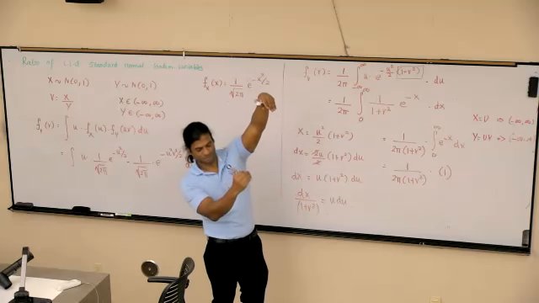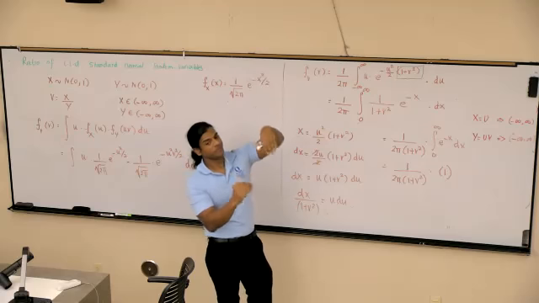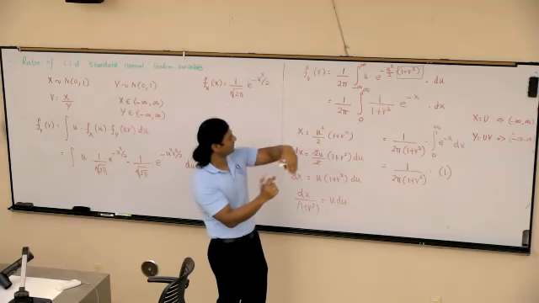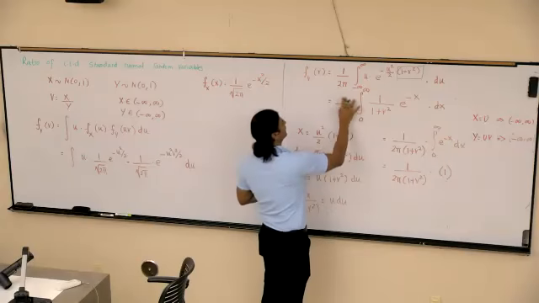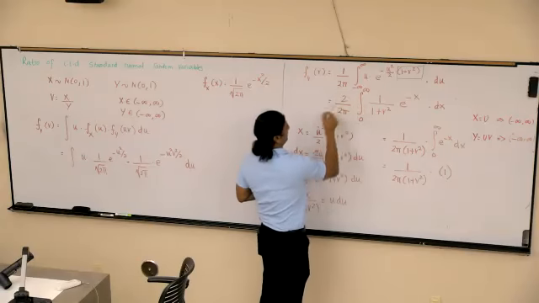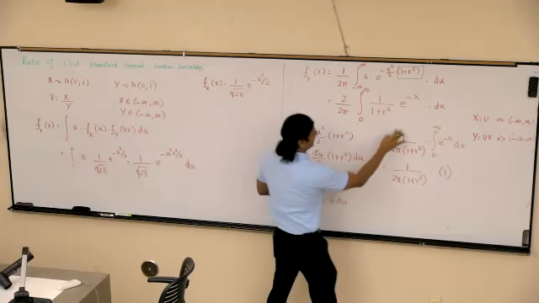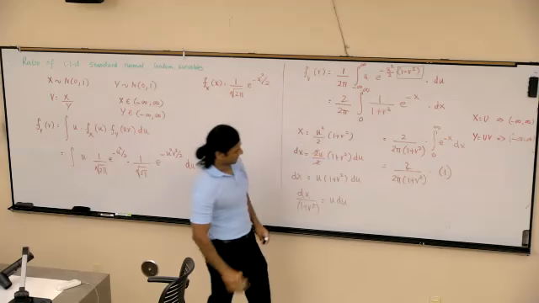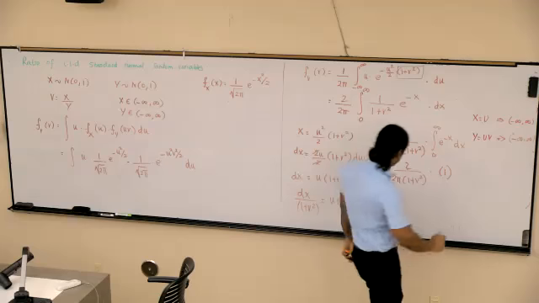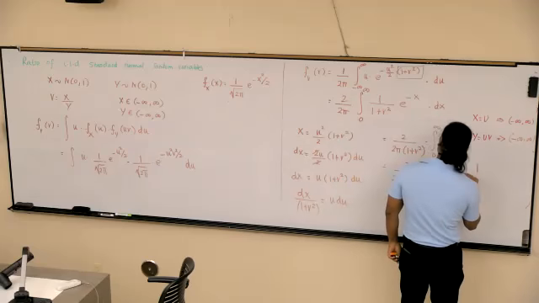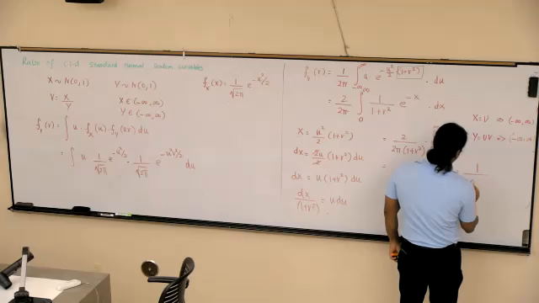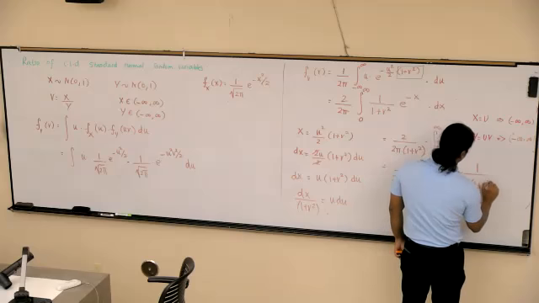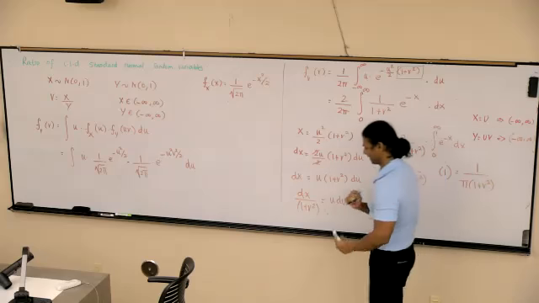Positive 0 to positive infinity will still be 0 to infinity, which means there has to be a 2 here. Exactly. And that would result in 1 over pi times 1 plus v squared.